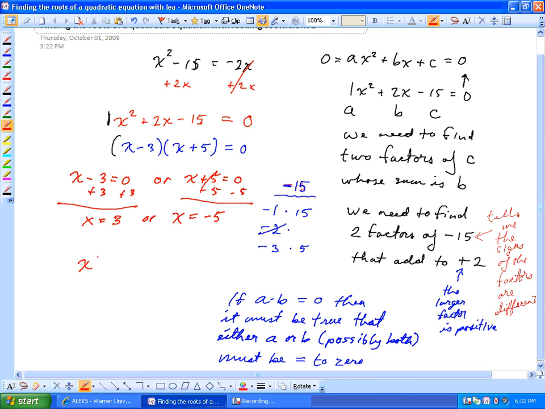We can write that just as you see there, or we can write x belongs to the set {3, -5}. This is called a roster. This little symbol means is an element of, or a member of, or belongs to.